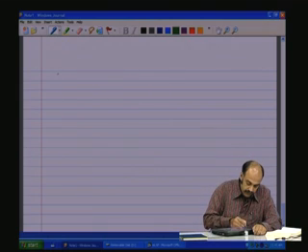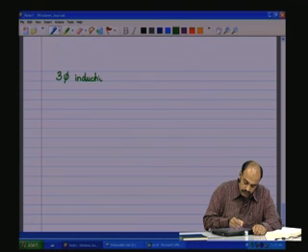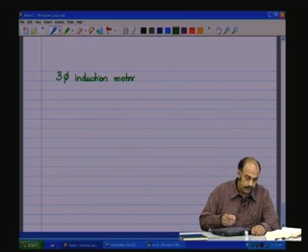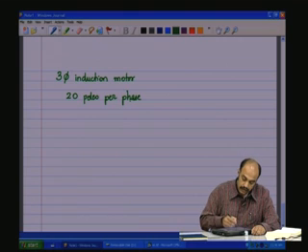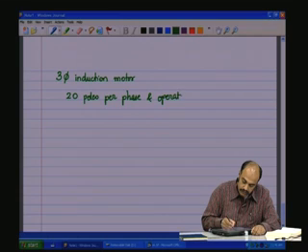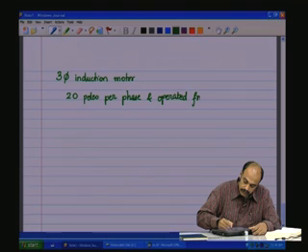Let us say we have a 3-phase induction motor, which has 20 poles per phase, and it is operated from a 50 hertz 3-phase source.